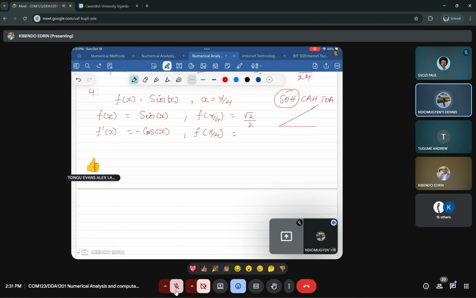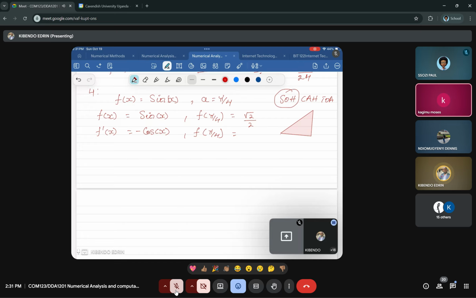Cos 45. It's the same, root 2 out of 2. Root 2 out of 2.